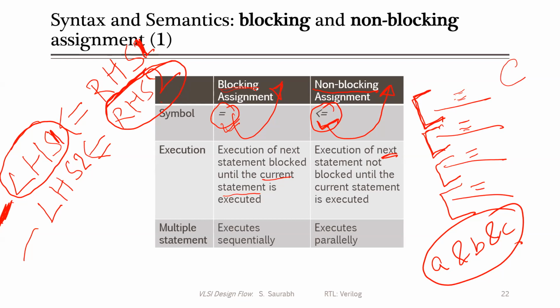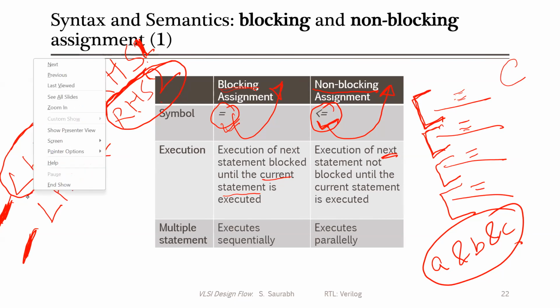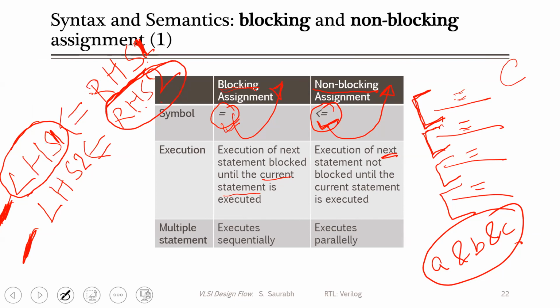Once the RHS of these two statements are evaluated, it then goes and updates LHS1 and LHS2 with whatever was already evaluated. So whatever RHS1 was evaluated to is simply updated to LHS1, and similarly RHS2 is updated to LHS2.